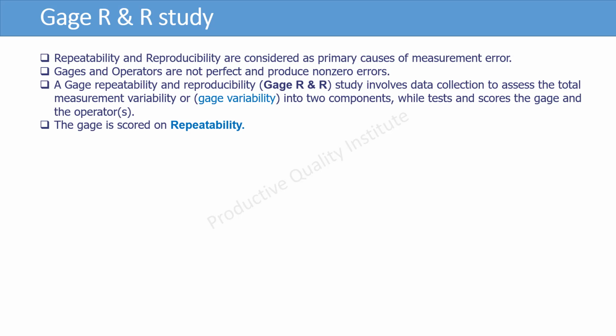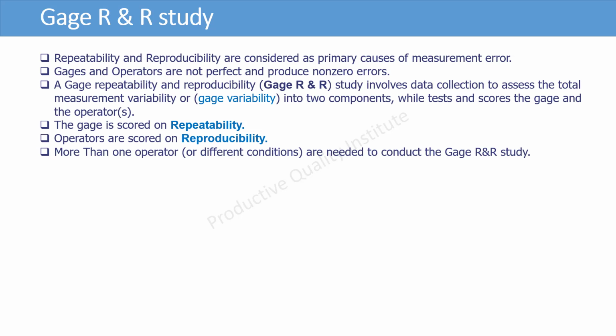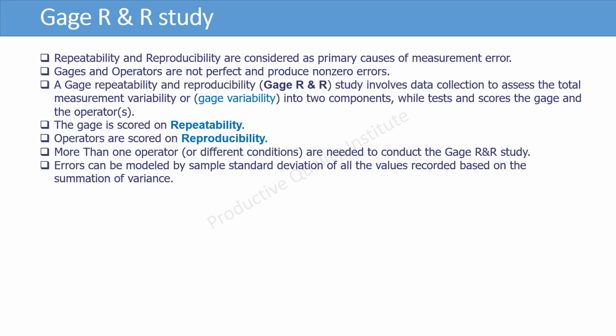The gauge is scored on repeatability. Operators are scored on reproducibility. More than one operator or different conditions are needed to conduct the gauge R&R study. Errors can be modeled by the sample standard deviation of all the values recorded, based on the summation of variance.